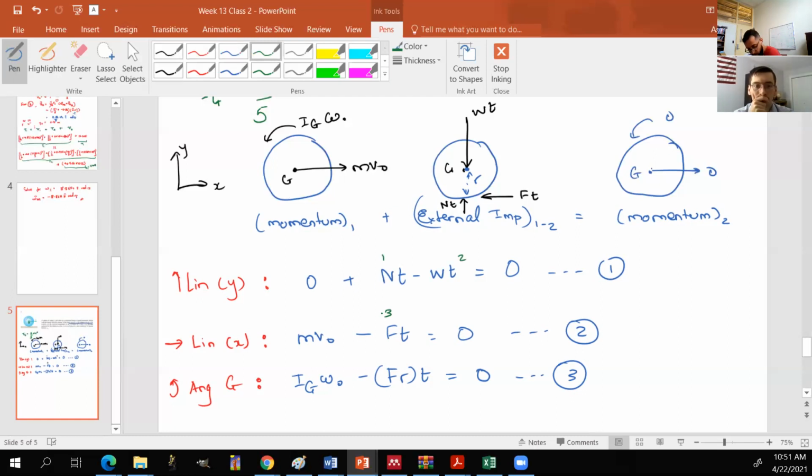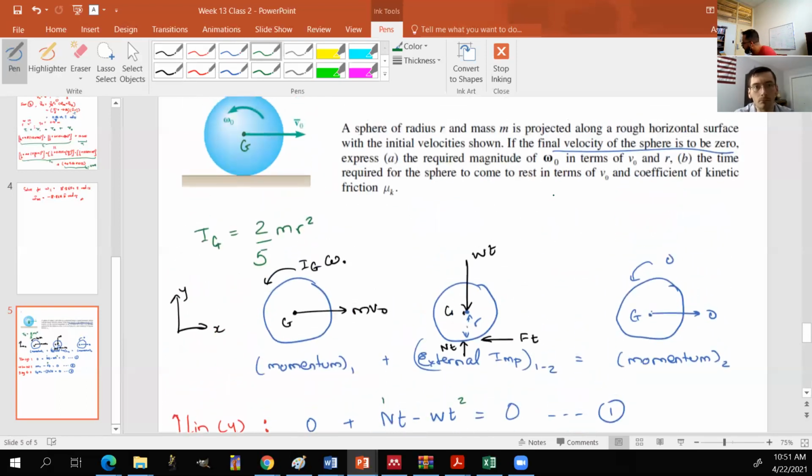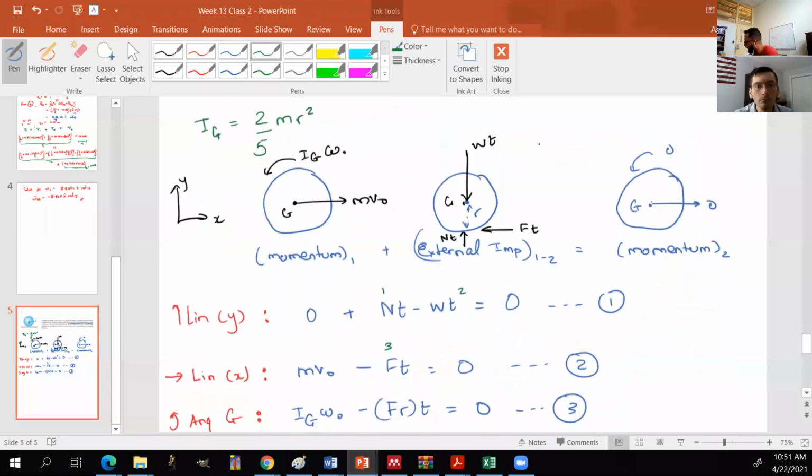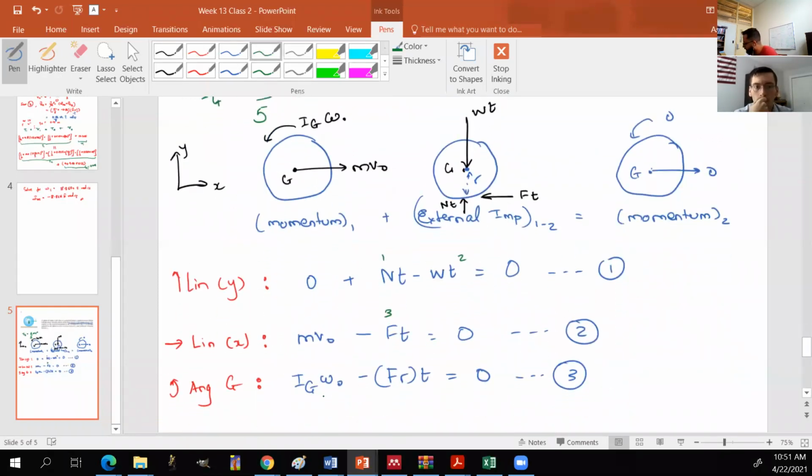We've also got to find everything in terms of V naught, R, and mu K. And omega naught, the required magnitude, is an unknown as well. Oh no, we have 3 expressions for 4 unknowns. Where do we get the last expression from?